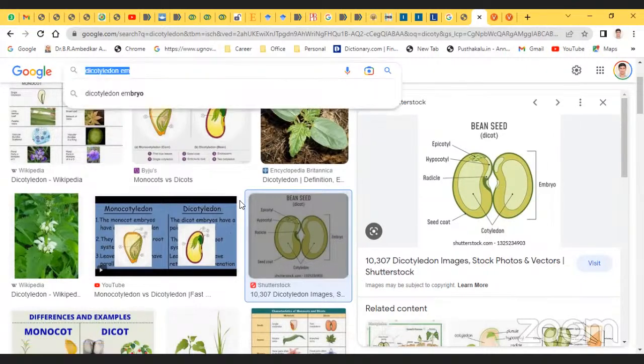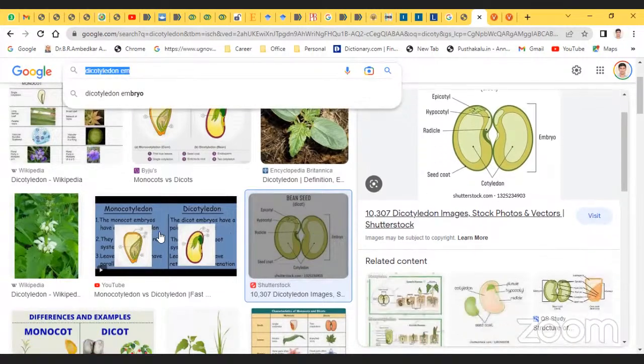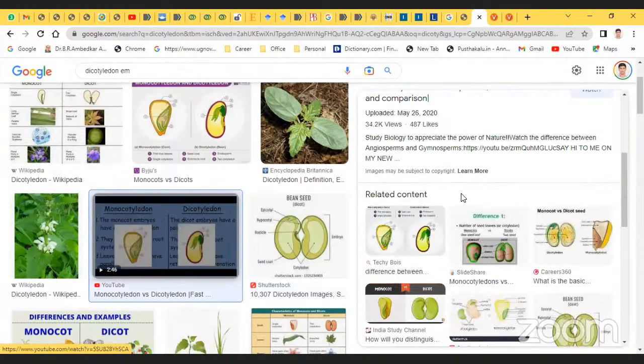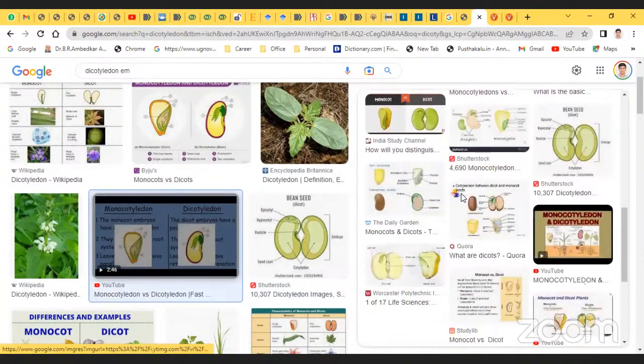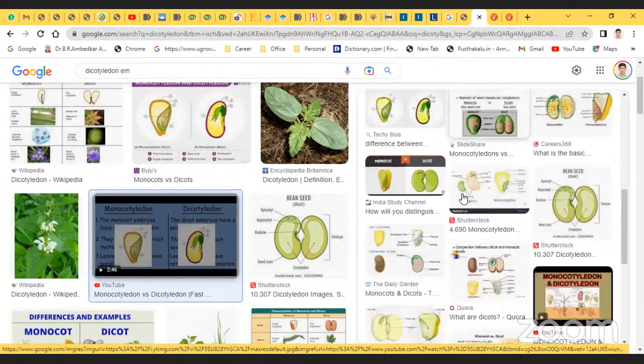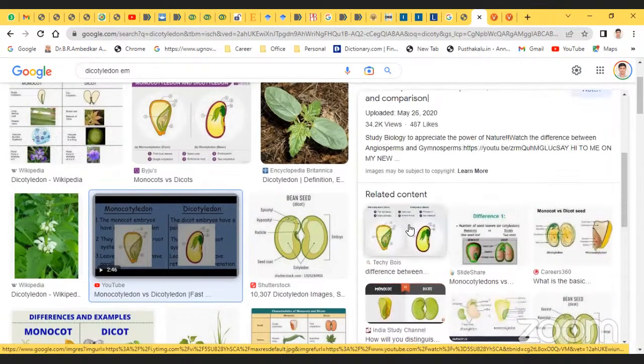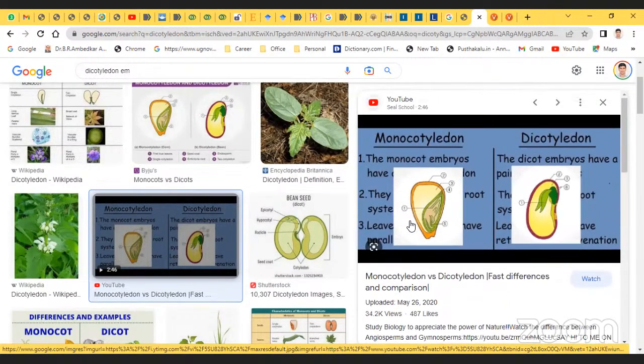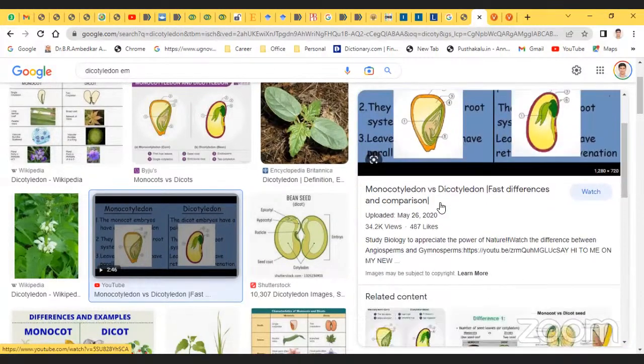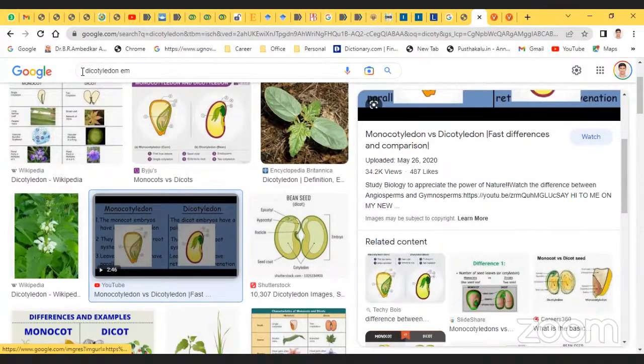Now see the monocotyledon. So here, these are the monocotyledons.